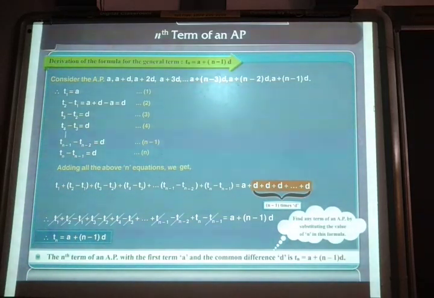We can find any term of an AP by substituting the value of n in this formula. Let us solve a few examples by using the formula Tn is equal to a plus n minus 1 into d.